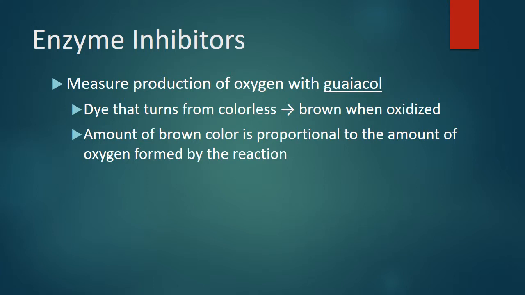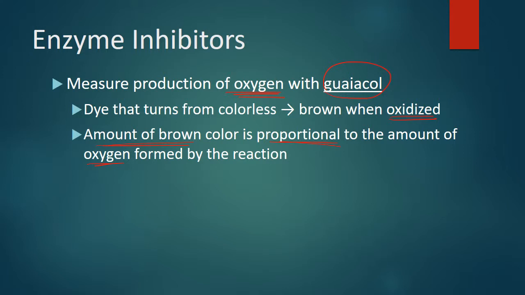We're going to measure the production of oxygen with a compound called guaiacol. Guaiacol will turn from colorless to brown when it's oxidized. Oxidized literally means addition of oxygen. So once we add the oxygen, we should see clear to brown. The amount of brown color is proportional to the amount of oxygen formed by the reaction.